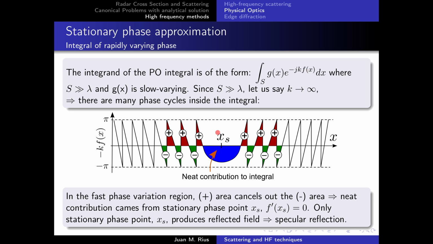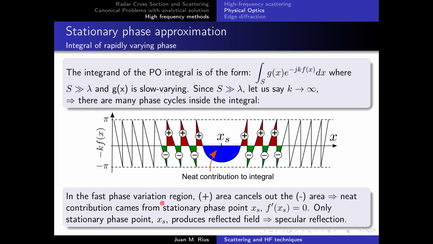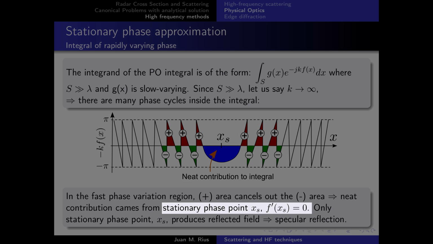So at some point the derivative of the phase is 0, that is, the phase is stationary. This is called the stationary phase point xs, s from stationary, where the derivative of the phase is equal to 0.